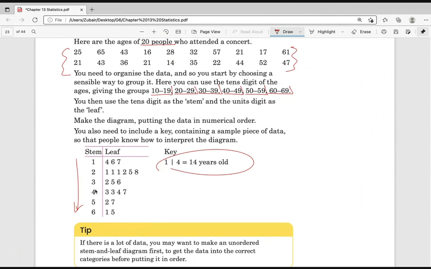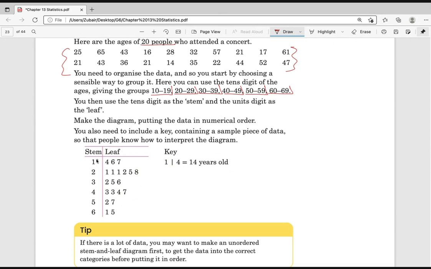Ali, tell me what this would mean. 47 years old. Haris, what does this mean? 28. Very good. So this is how stem and leaf is written. Now make the stem and leaf, put the data. So this was one of his choice.